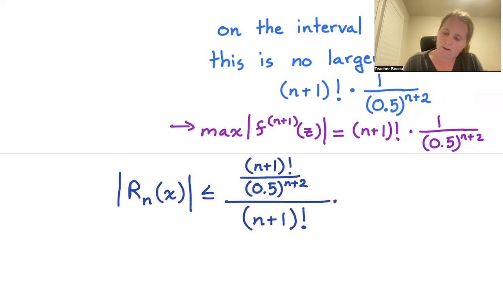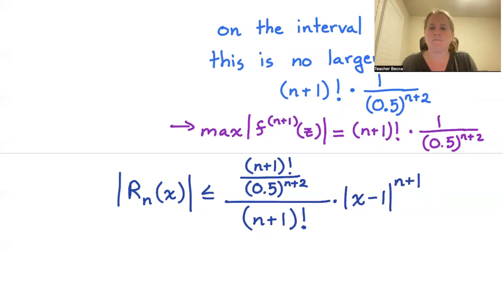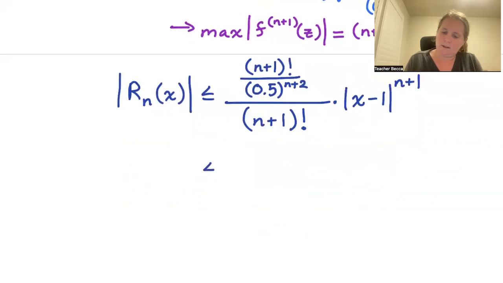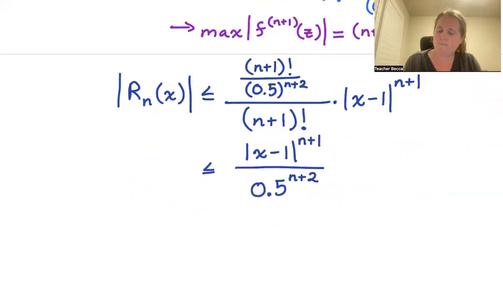And then we're multiplying by the absolute value of x minus 1 raised to the n plus 1. So this is the same as absolute value of x minus 1 raised to the n plus 1 over 0.5 raised to the n plus 2.